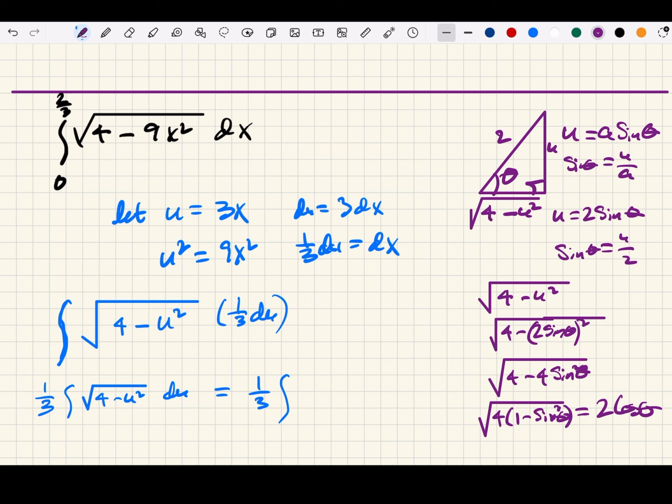Now we need to think about du. If u is 2 sine theta, then du is going to be 2 cosine theta d theta.